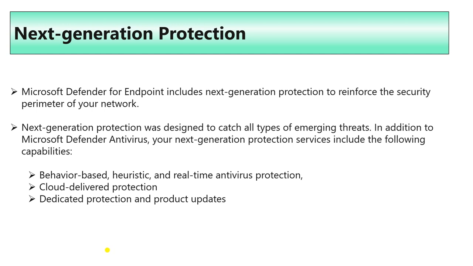Next generation protection was designed to catch all types of emerging threats. In addition to Microsoft Defender Antivirus, the next generation protection service provides behavior-based heuristic and real-time antivirus protection. This is one of the features. It also provides cloud-delivered protection and dedicated protection and product updates.